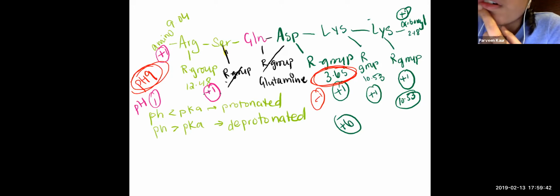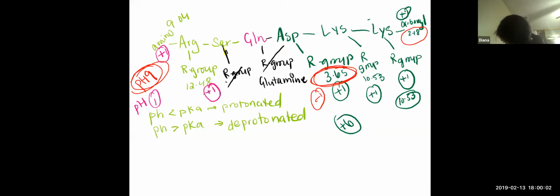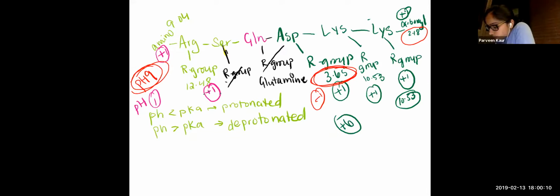I wonder if that last one has negatives for some reason. But why would they be negative? Because they're connected to the carboxyl. I don't know. It's like COO minus. Because pH is 1 and pK is 2.18. That makes it positive.